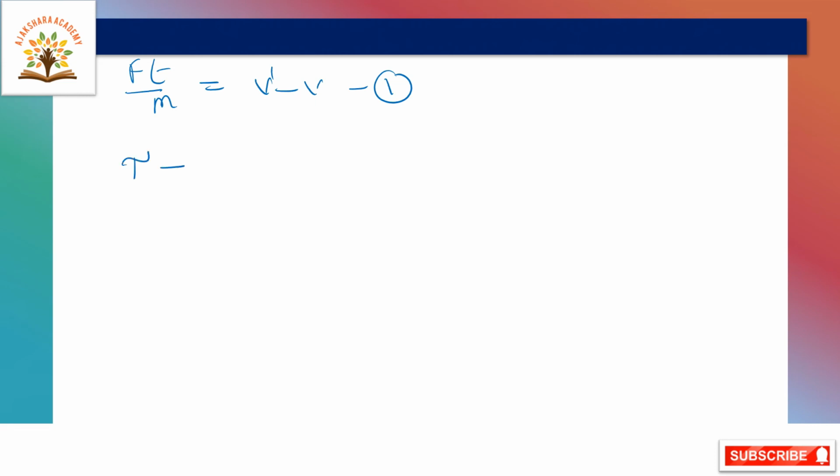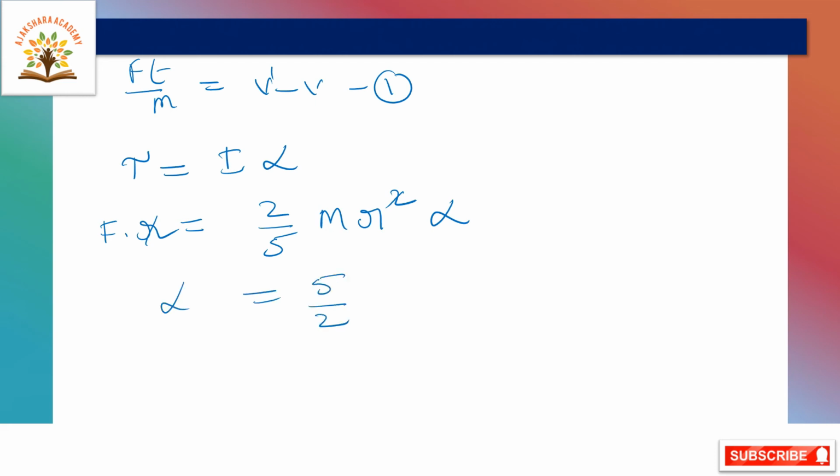Now tau is equal to I into alpha. So tau is nothing but F into R, and I is nothing but 2 by 5 m R square alpha. R gets canceled. Now alpha can be written as 5 by 2 into F by m R. Now omega dash is equal to omega plus alpha t.